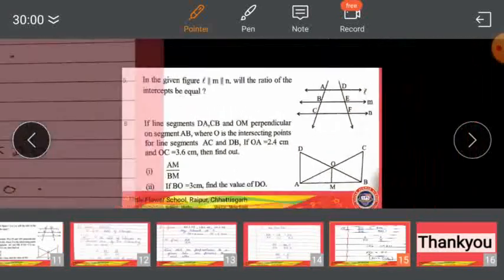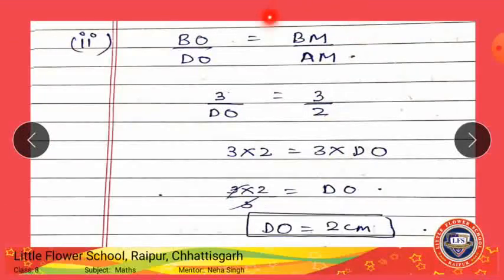Either we can equate it through AB or through AC; both values are the same, and we have just found them. Now cross multiplication: this 3 and 3 get cancelled. DO value is 2 centimeters. Alright.